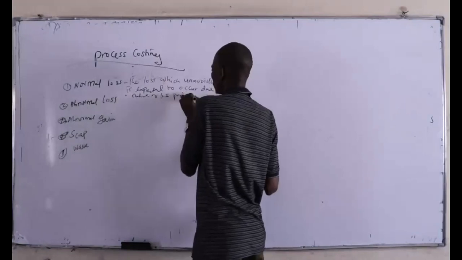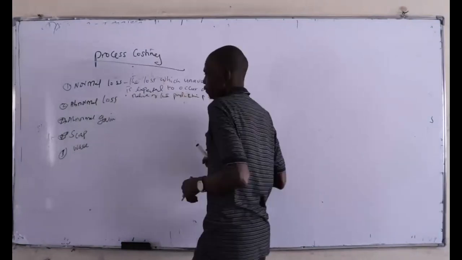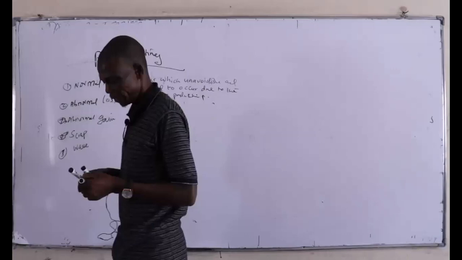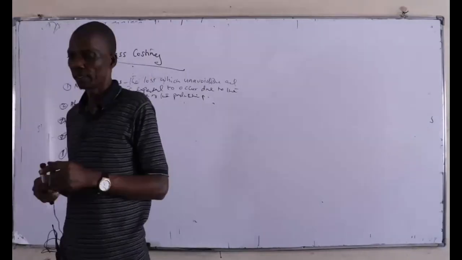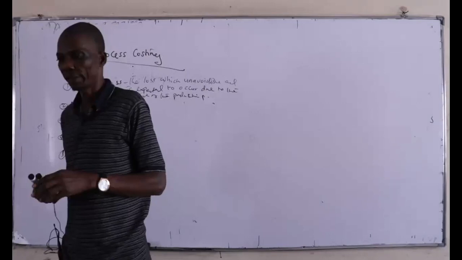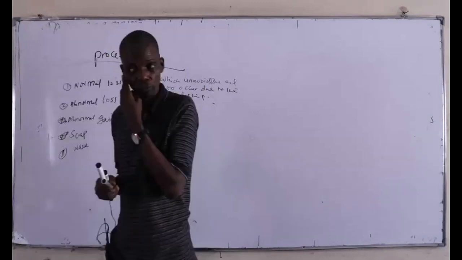So that loss that we expect, you cannot avoid it. And usually it is basically determined on the basis of experience. That loss is what we refer to as normal loss.